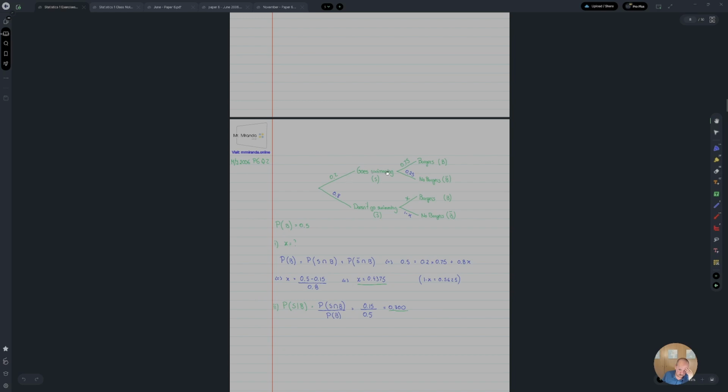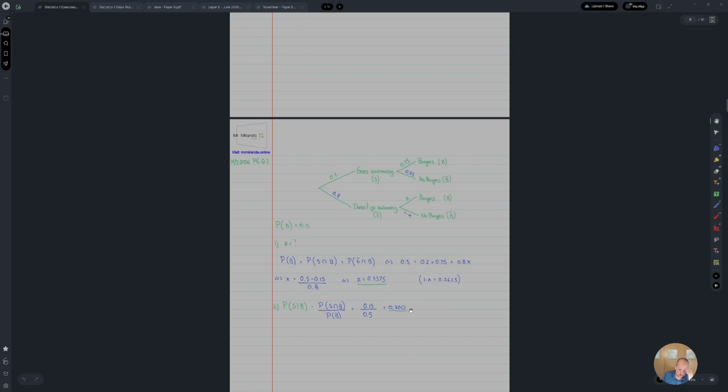That's this one over here. Well, we already calculated that before. It's 0.15. Where did I get that? Yeah, it is this one over here, 0.15. Out of what? Out of 0.5, the probability that he got burgers, which is given by the question.